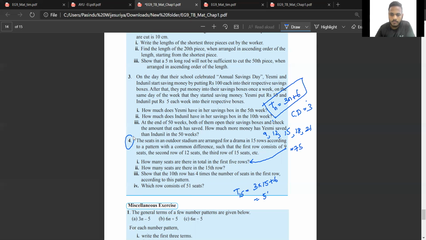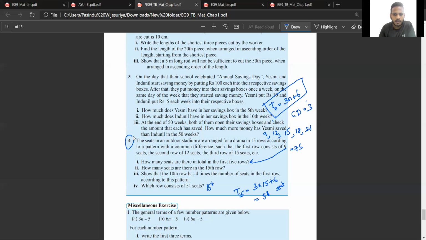So there are 51 seats. Then which row consists of 51 seats? Exactly, again the third answer comes. I'll skip the third one for a second.